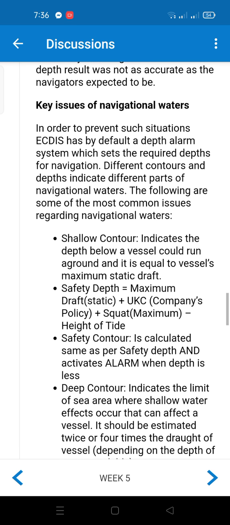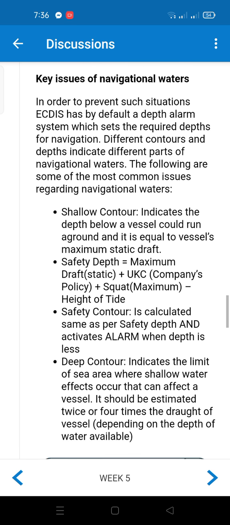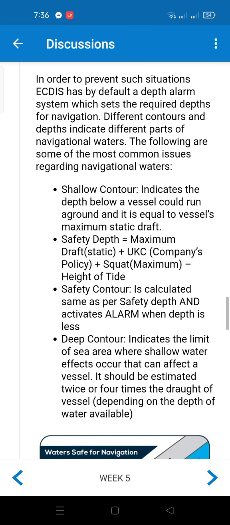Here are the key issues of navigational waters. Shallow contour indicates the depth below which a vessel could run aground, and it is equal to the vessel's maximum static draft. Safety depth is equal to maximum draft plus UKC plus squat minus height of tide.